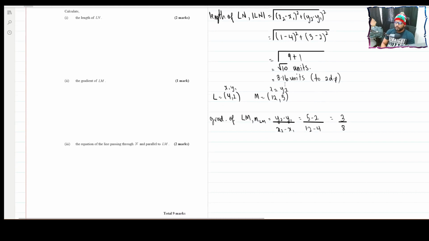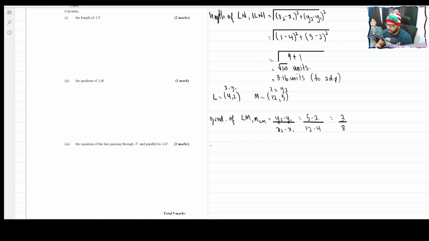Lastly, the equation of the line passing through N and parallel to LM. So in order to get the equation of a line, I need one point on the line and I need the gradient of the line. So do I have the gradient of the line parallel to LM? I do. So what I like to do here, I like to make my statements work for me.